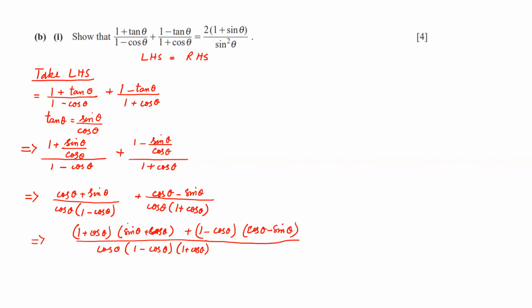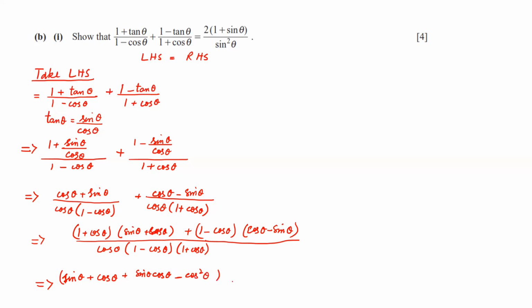Okay, so if we simplify this and multiply all the products, what we get is sine of theta plus cos of theta plus sine theta cos theta minus cos square theta.